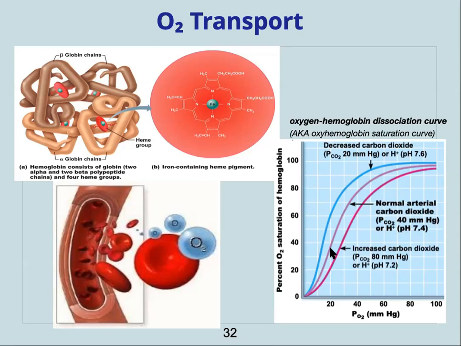So from resting, that partial pressure of oxygen being 40, you can see saturation is around 75%. And then when you start to exercise, the oxygen saturation of hemoglobin is now around 35.